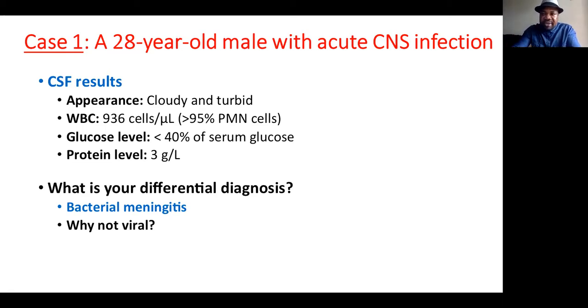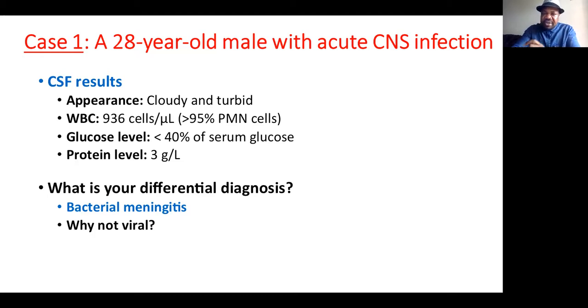Like in this case here, you have 936 white blood cells per microliter of fluid, and more than 95% are neutrophils. Glucose was found to be very low, below 40% of the serum glucose. When you interpret the glucose level in the CSF, it's always in comparison with the glucose level in the blood, in the plasma.